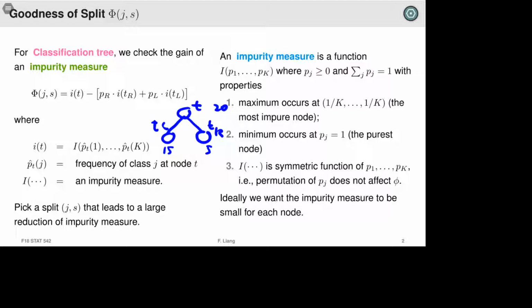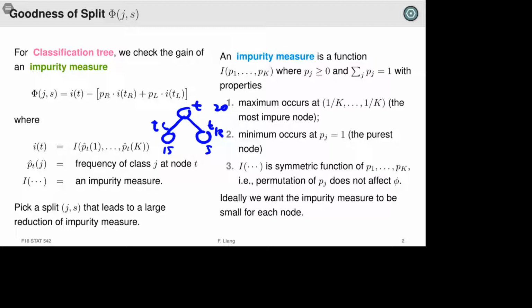And then we do our split, and now we have two nodes, the left node and the right node. And then we can again calculate the impurity measure at the left and the right, okay? Now we cannot do a simple summation, because the impurity measure is not cumulative. It's more like a description at the probability level.